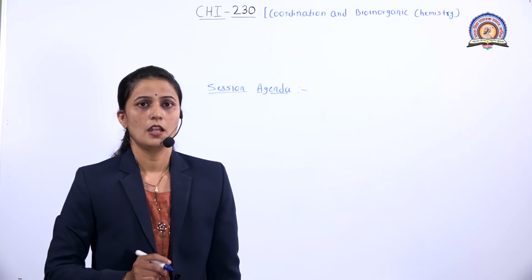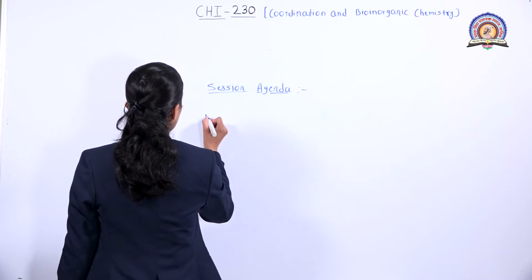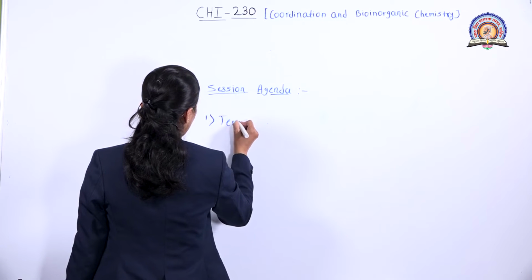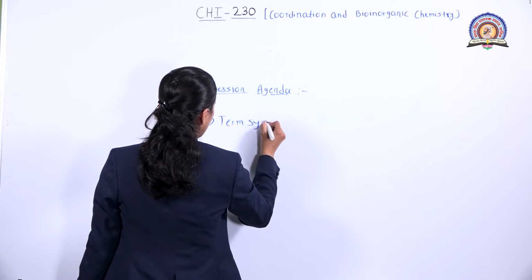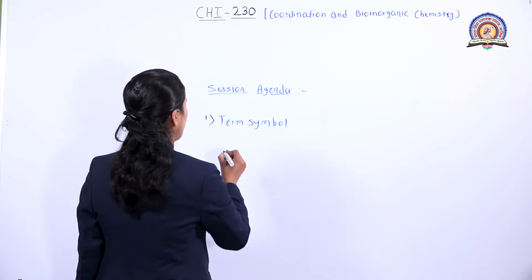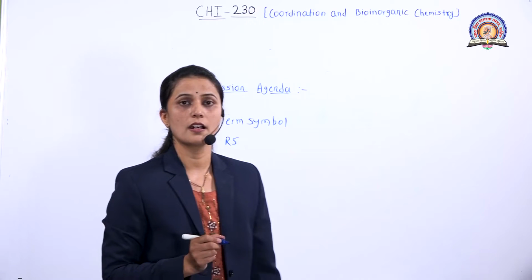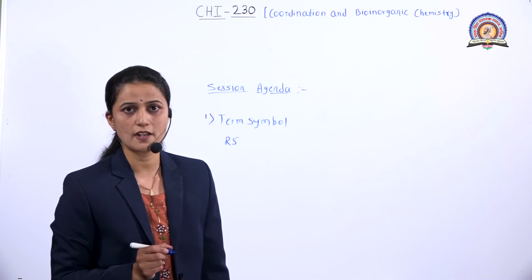So students, in today's lecture we are going to see term symbol. It means we are going to see RS term or RS coupling. RS is nothing but Russell Saunders coupling or Russell Saunders term.